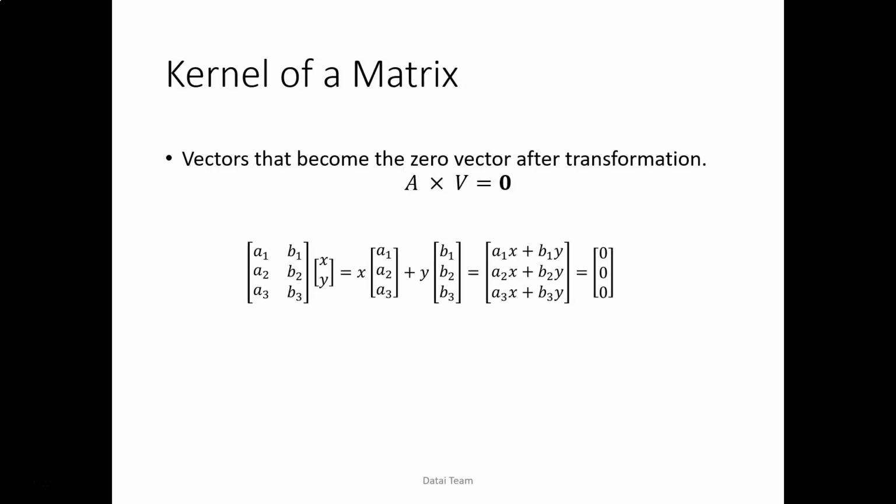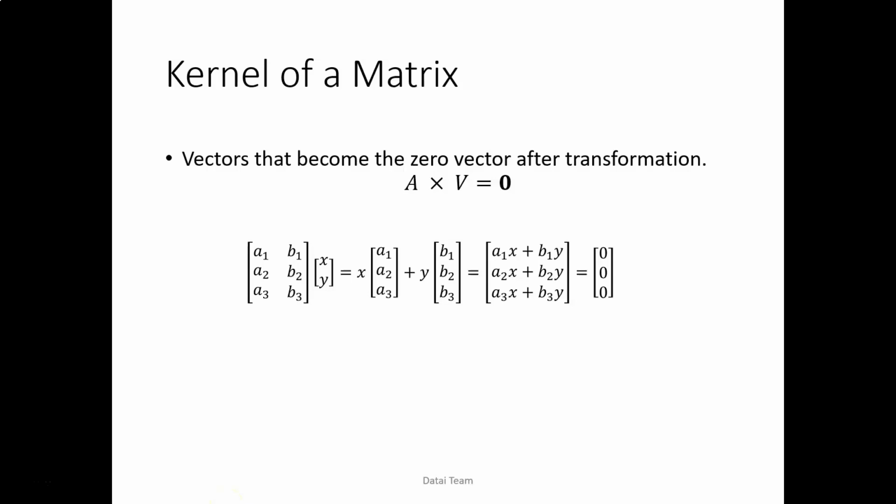We do X times A1, A2, A3 plus Y times B1, B2, B3, classic, and then we get A1X plus B1Y, A2X plus B2Y, A3X plus B3Y, and we set that equal to 0, and any X and Y that satisfy this condition for the matrix A are in the kernel of that matrix.